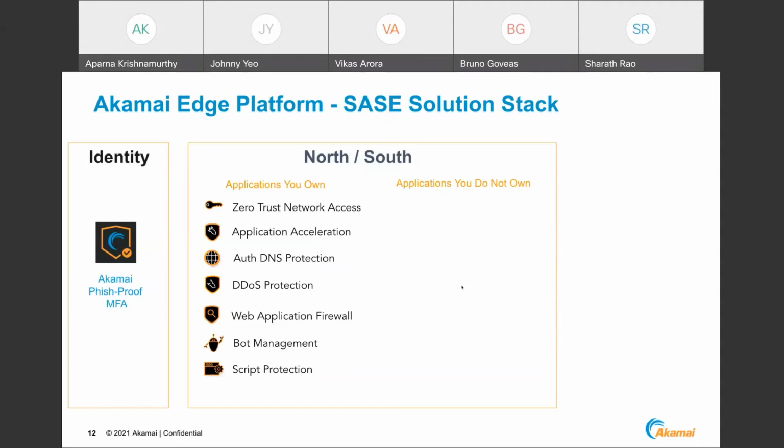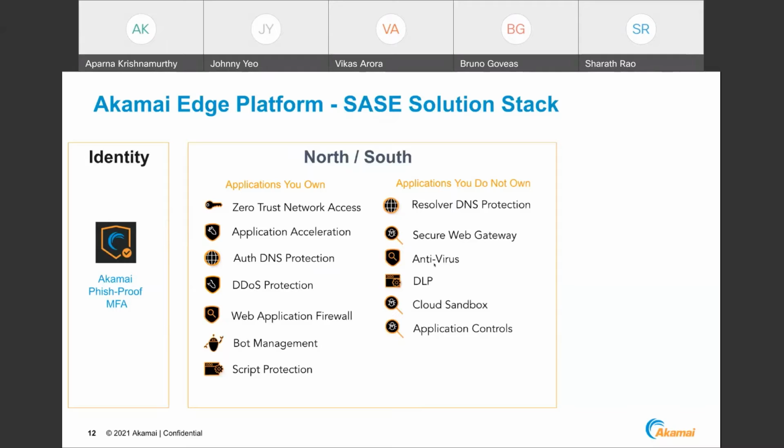For applications that you do not own, for example if you go to Facebook, if you go to Google, things like that, we can help you with resolver DNS protection. Let's say you go to a malware site or any site that you're not supposed to be at, we can help you at the DNS level as well. And then we can also do secure web gateway.